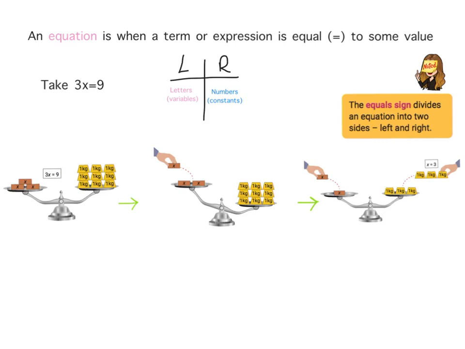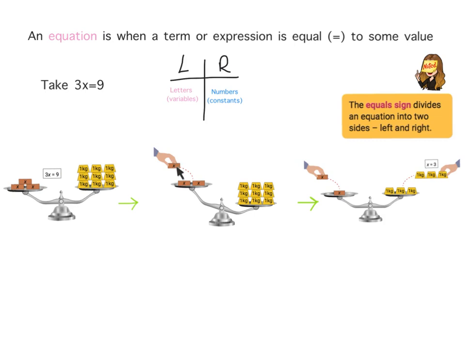Now another fundamental rule when you're solving linear equations is that whatever you do to the left hand side, you must apply to the right hand side. You must treat them as equals. So let's take this illustration here for example. In the first one we've got 3 of an x, and we don't know what x is, it's a variable, the same as 9 kgs, let's say.